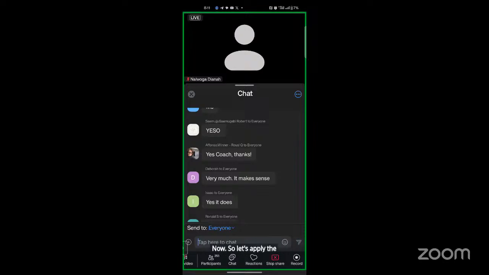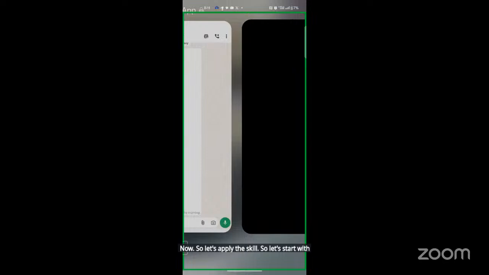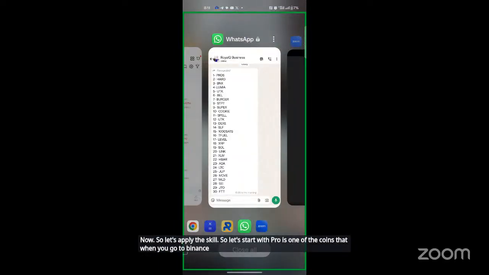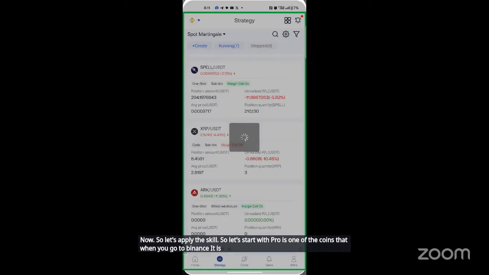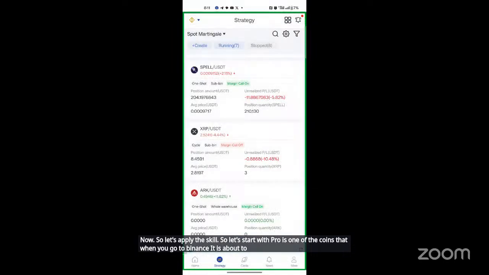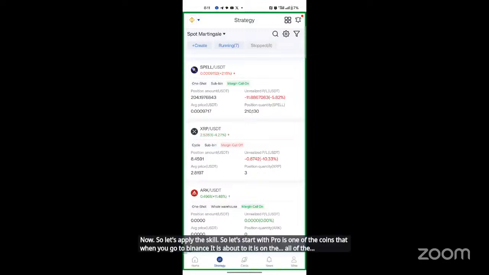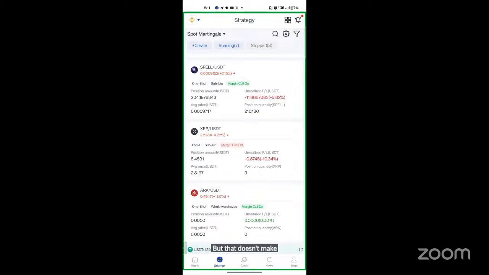So let's start with PROS. PROS is one of the coins that when you go to Binance, it is on the coins that are on the red mark with Binance. But that doesn't make PROS a bad coin. I think I'm trying to create sense.